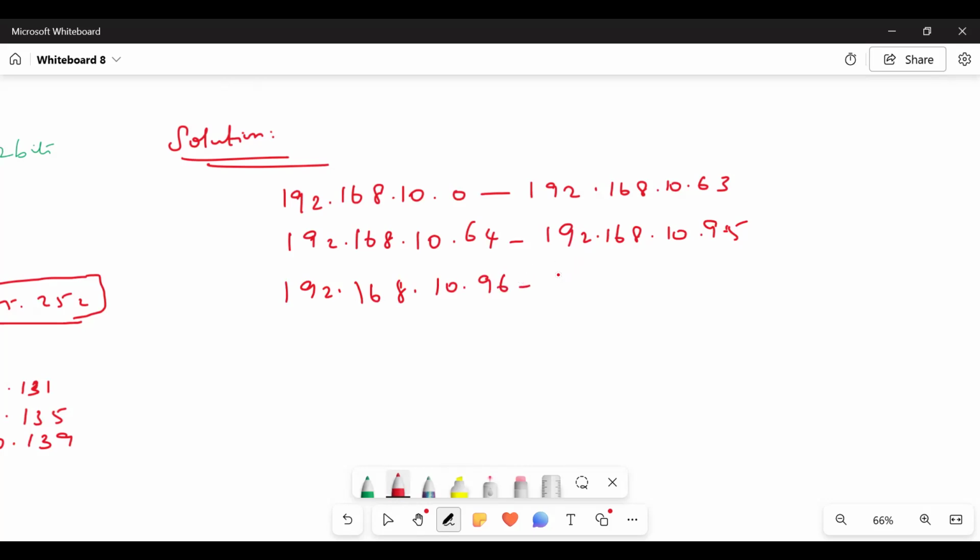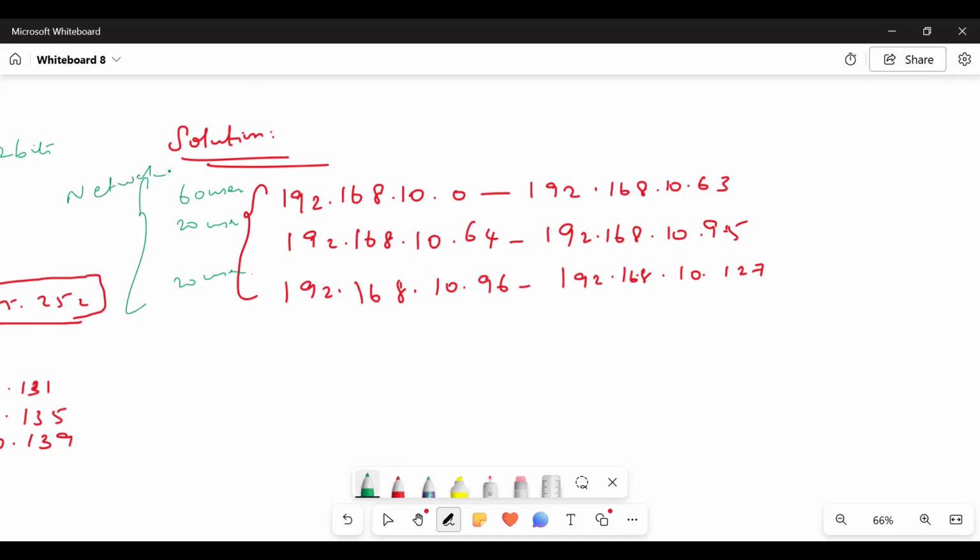Just 20 hosts, right? 192.168.10.127. So this is for the actual networks: this is for 60 users, 20, and this is for 20 users.